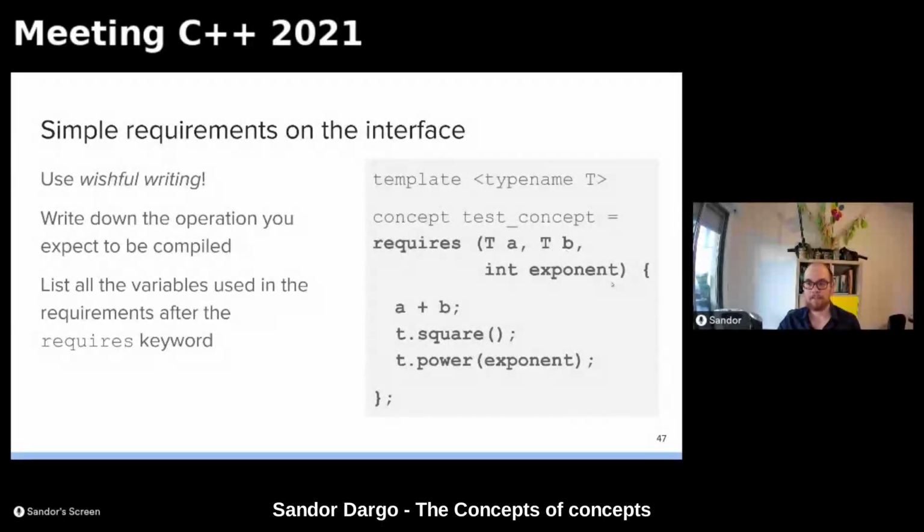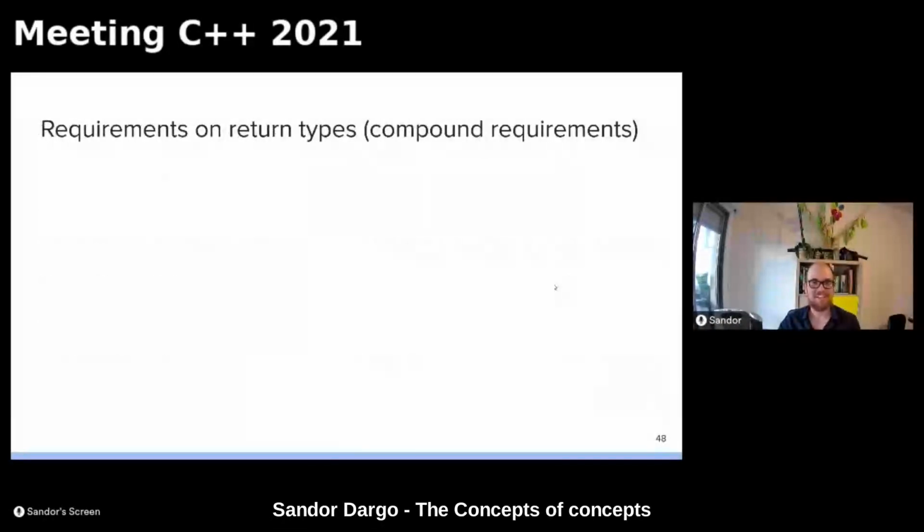If you have some parameters, so we expect for this test concept that whatever type satisfies it should have a method power that takes an integer as an exponent, you have to list that: okay, we'll need an exponent that is an integer. It's that simple. It's really just wishful writing there.